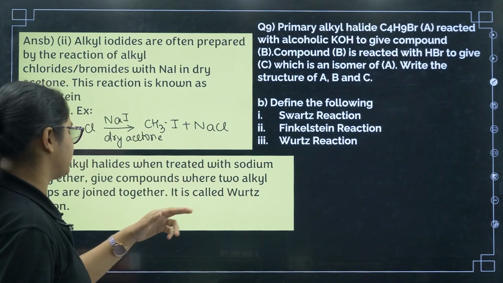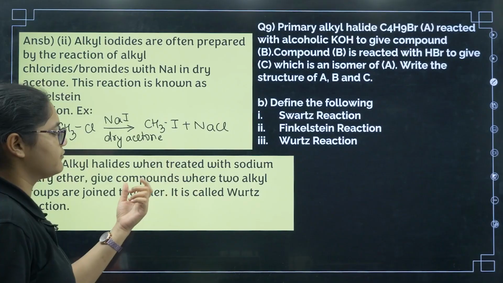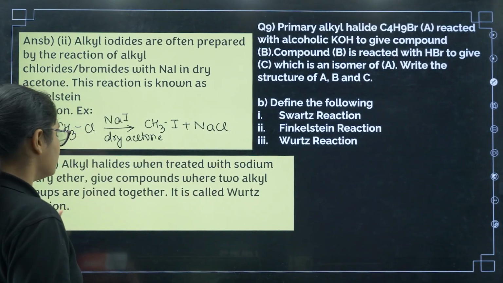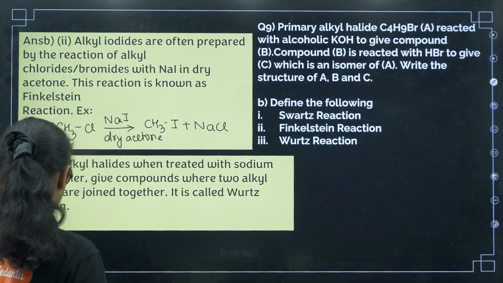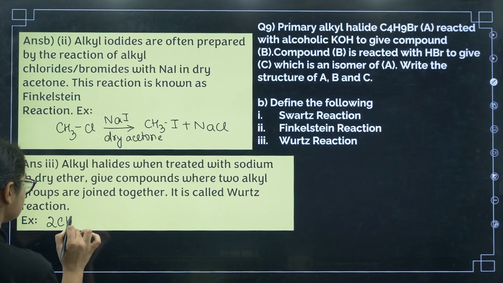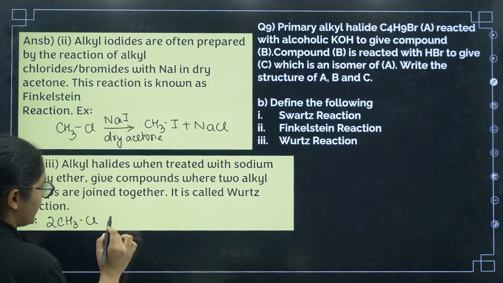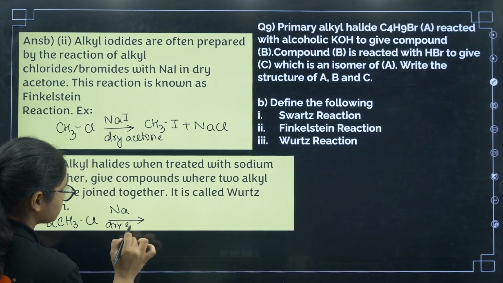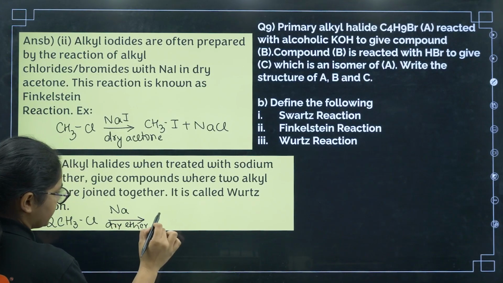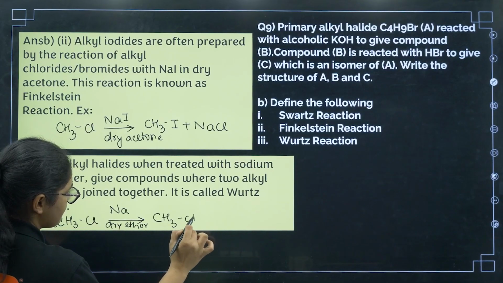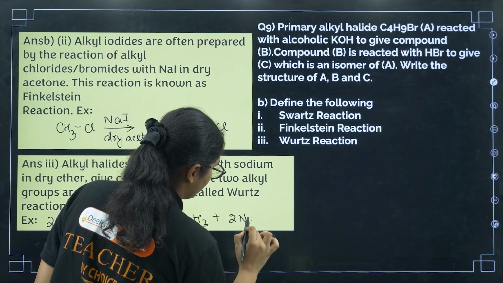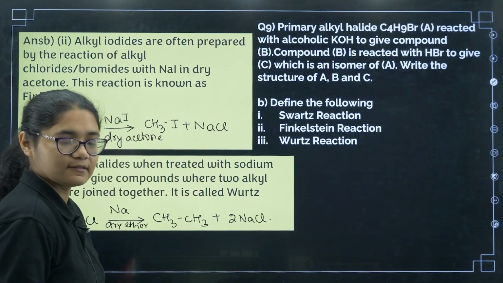Alkyl halides when treated with sodium in dry ether give compounds where two alkyl groups are joined together. It is called the Wurtz reaction. For example, 2 CH3Cl and sodium in dry ether will give you CH3-CH3 plus 2 NaCl. Clear?